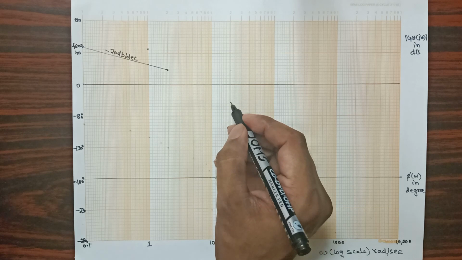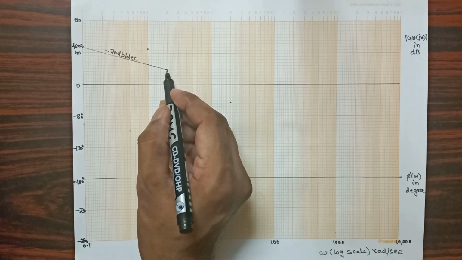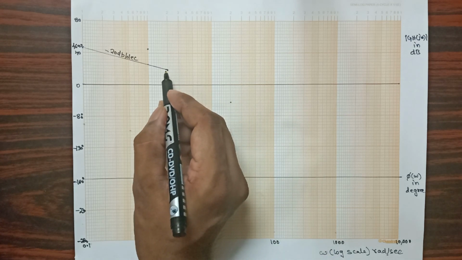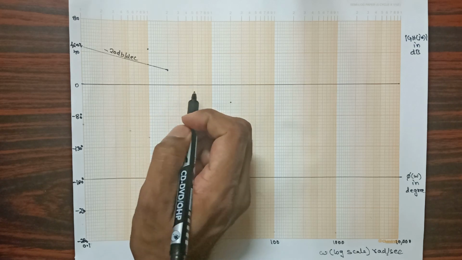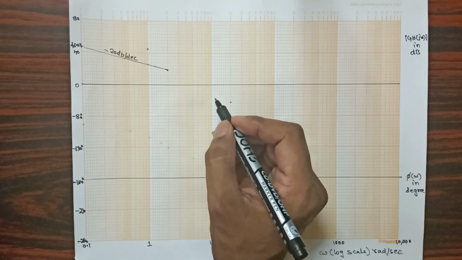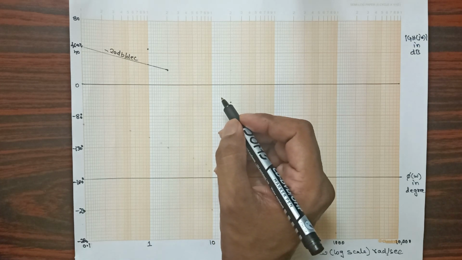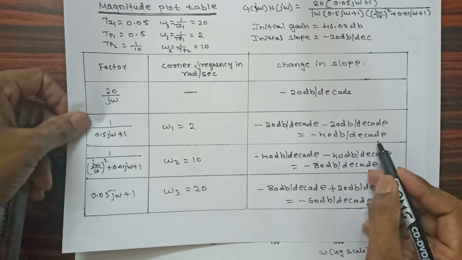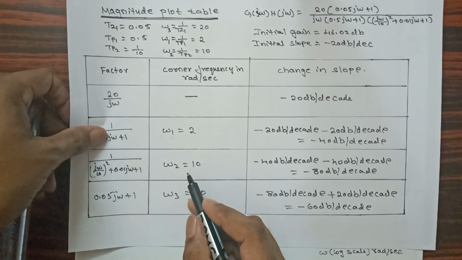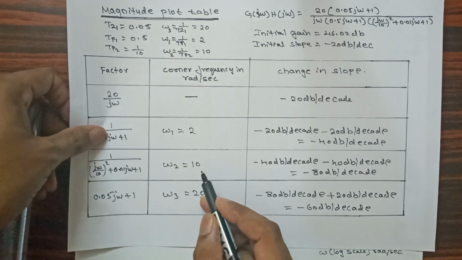Now I need to join this point and the point where I have stopped the first slope, but I have to join in such a way that it should stop at the second corner frequency. And we know that in this problem for minus 40 dB the second corner frequency is 10 radians per second.